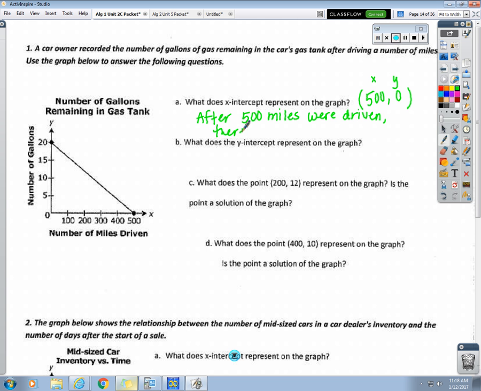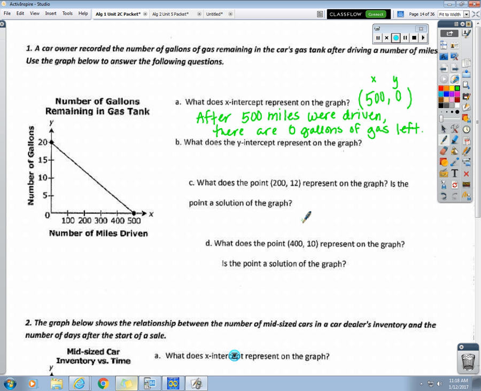There are 0 gallons of gas left. Yeah. Okay, you have to be able to interpret the meaning of the intercepts.